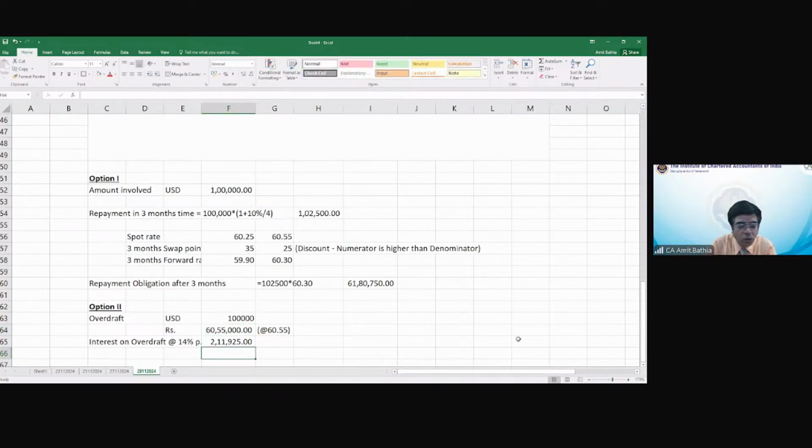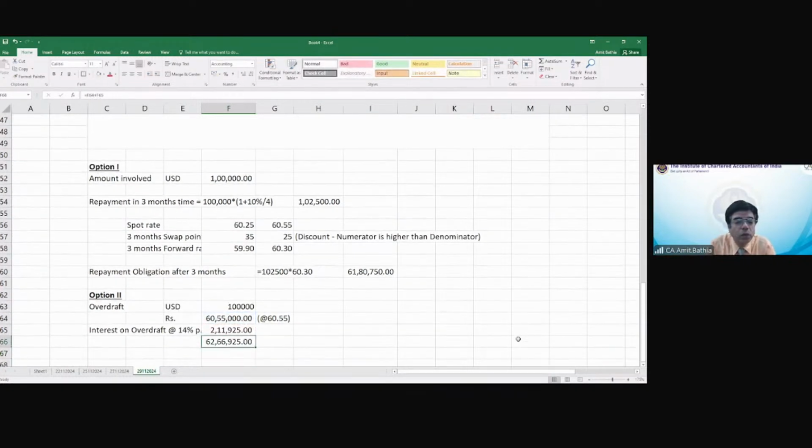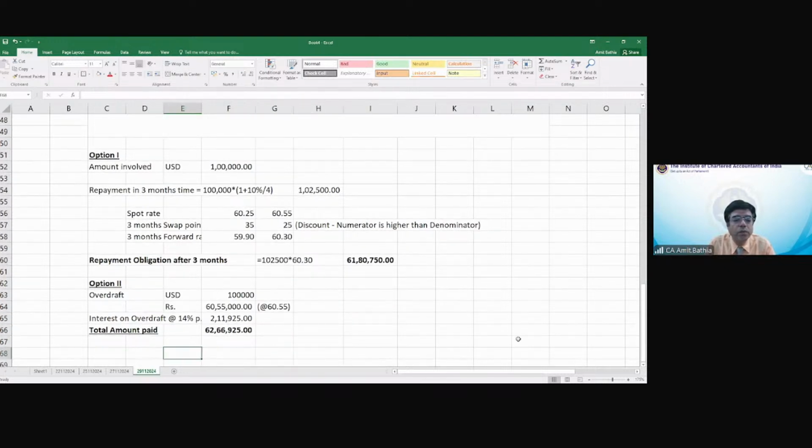So my total amount now becomes how much? Total amount which I am required to pay will be 62, 66, 925. And in case of the first option, that was 61, 80, 750. So which one should we opt for?